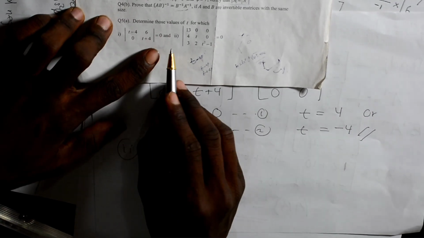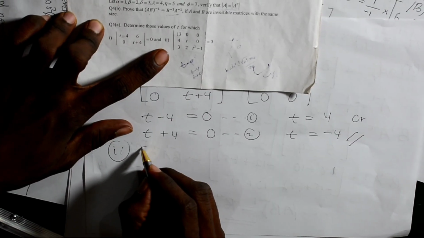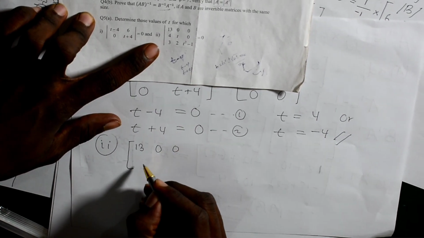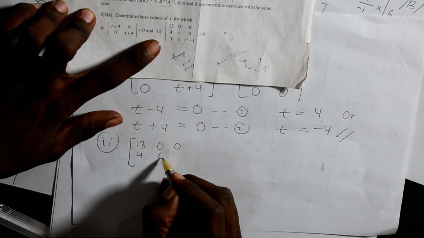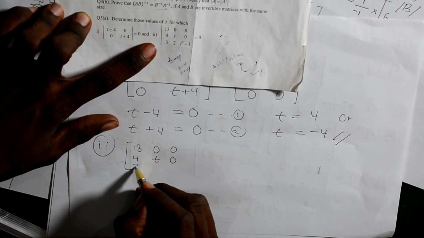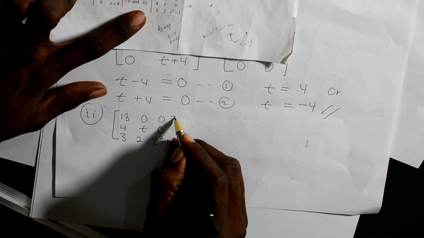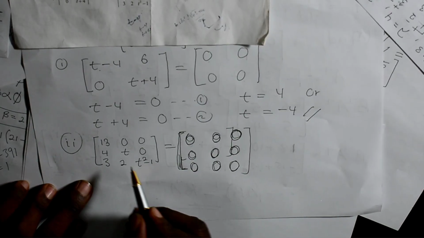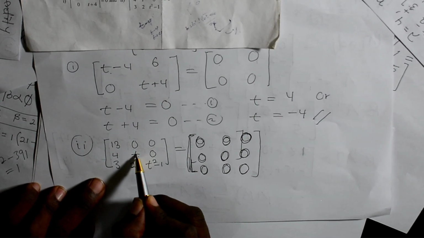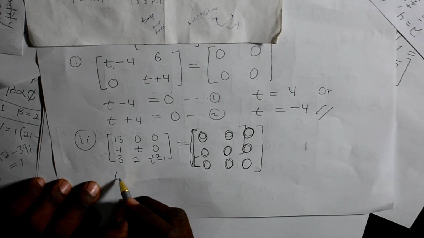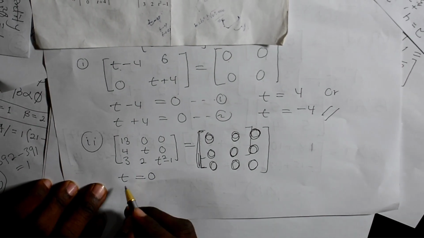Then for Roman figure 2, it says this much, given as 13, 0, 0, 4, t, 0, 3, 2, and t square minus 1 to be zeros. Then this t, the middle one, will be equivalent to the middle 0. That means t is equal to 0.